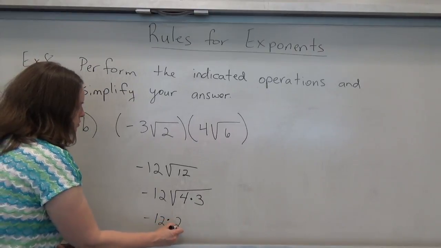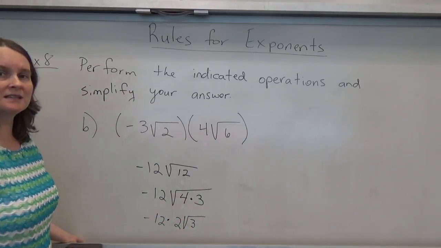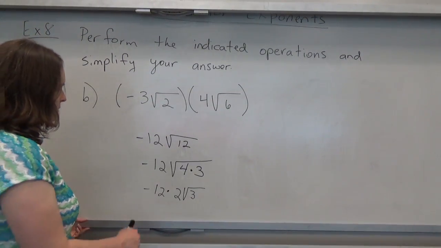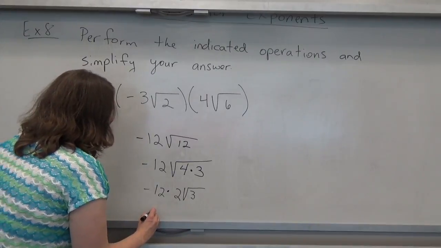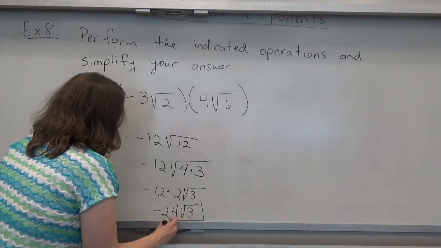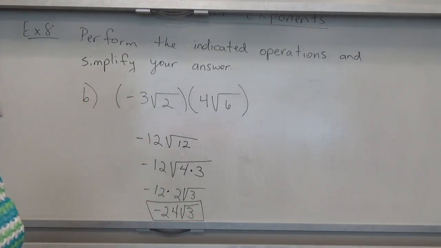So multiply by 2. And then the 3 has to stay inside the square root because it is not a perfect square. So we end up with an answer of negative 24 times the square root of 3. And that's as far as we can go with that one.